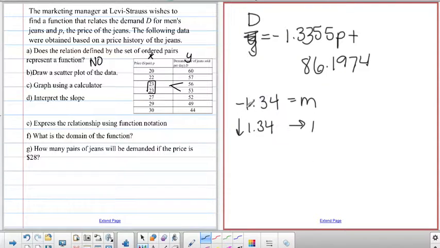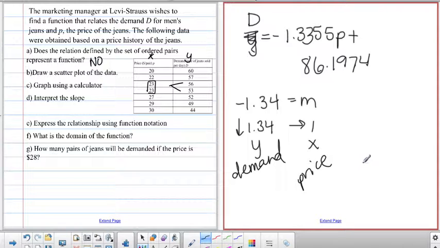Well, we have to think, what are we talking about when we go down? Remember, we're always talking about y when we go up or down, and we're always talking about x when we go left or right. So what's our y value? It's the demand, the pairs of jeans sold per day. And we know that x is the price.